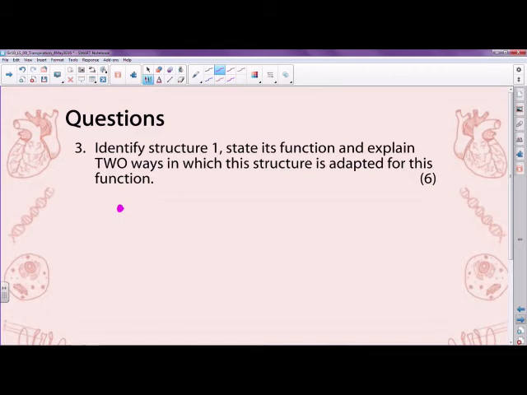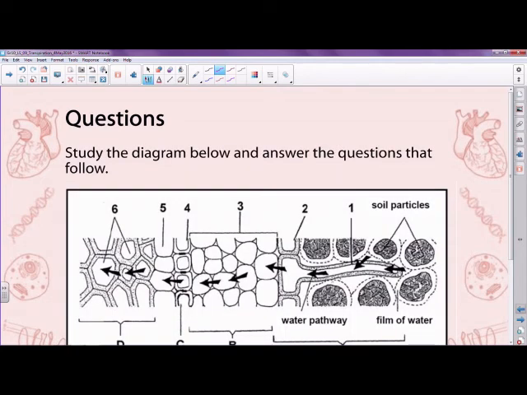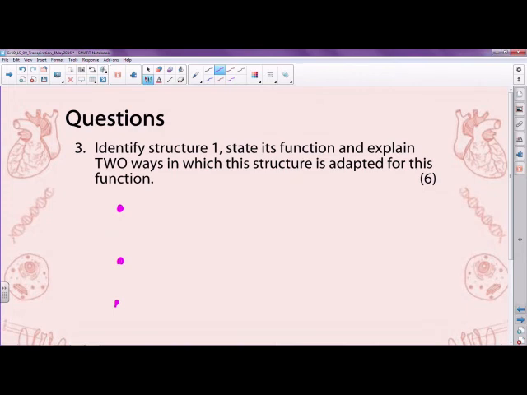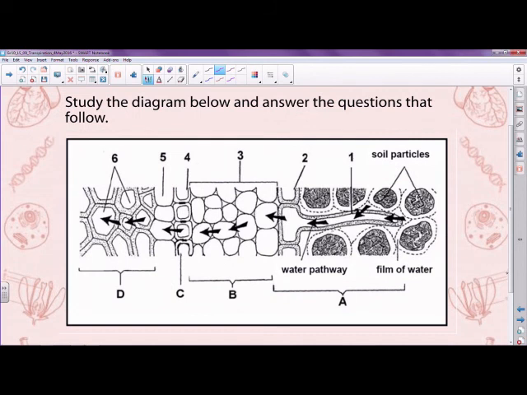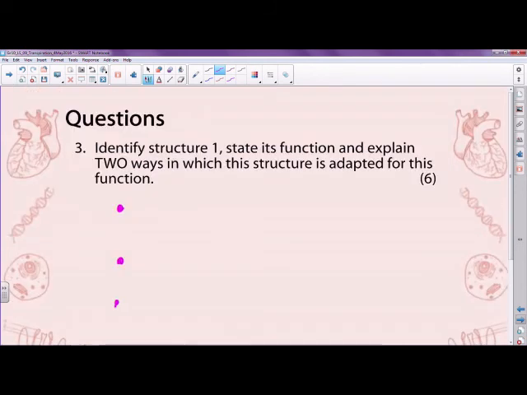What does it do? And why does it look like it looks? I already think I know which one it is. So let's have a look. Identify structure number 1. What is structure number 1? Structure number 1 is a root hair.